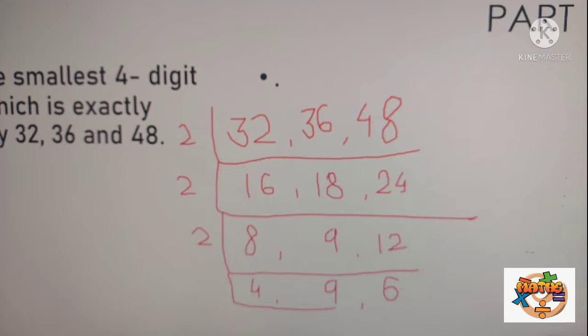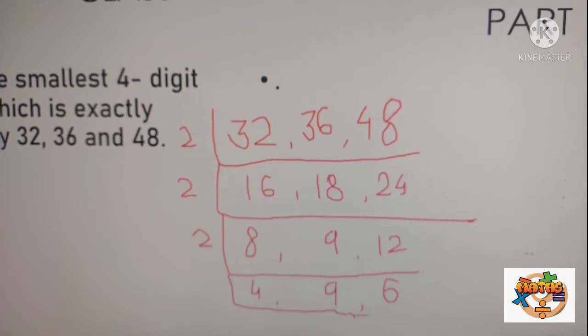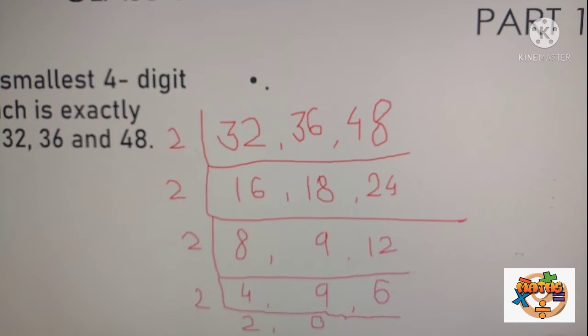Here 4 and 6 are divisible by which number? By 2. So when 4 is divided by 2, 2 is our quotient. 9 is not divisible, just write as it is. 6 is divisible, so quotient is 3.